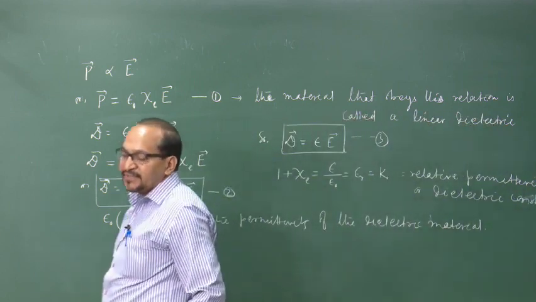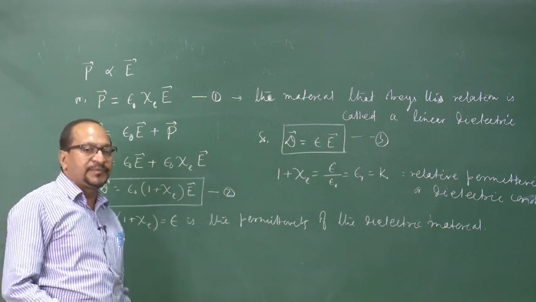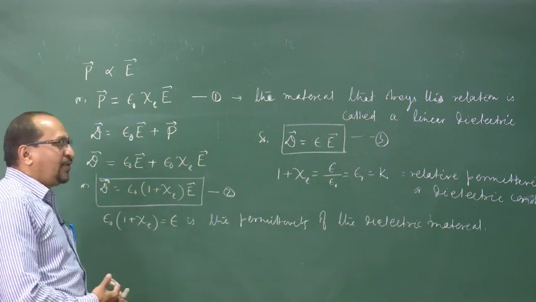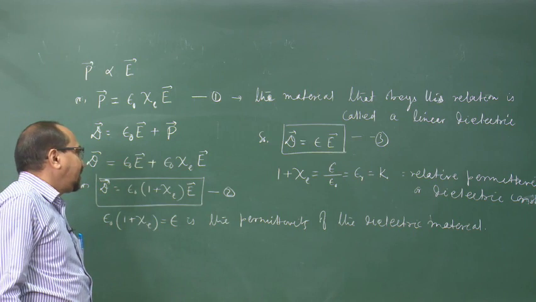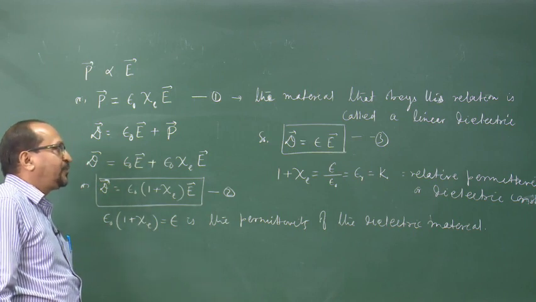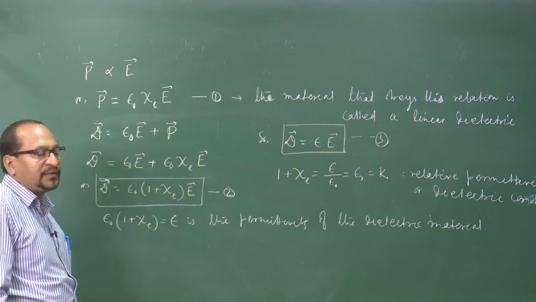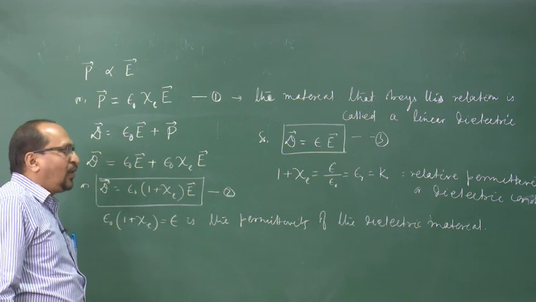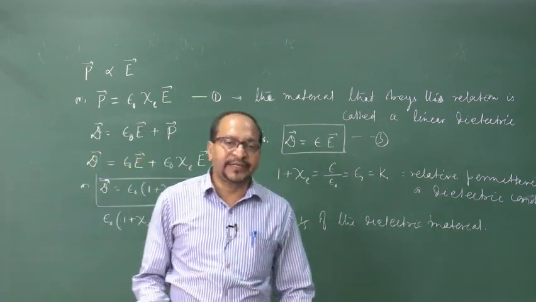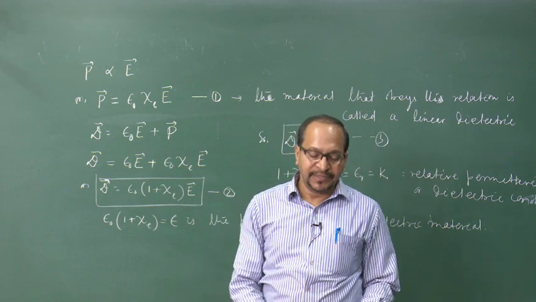So, these are the relationships between electric displacement vector, electric field vector, permittivity, susceptibility, relative permittivity and dielectric constant. So, they all determine the electrical behavior of a dielectric material.